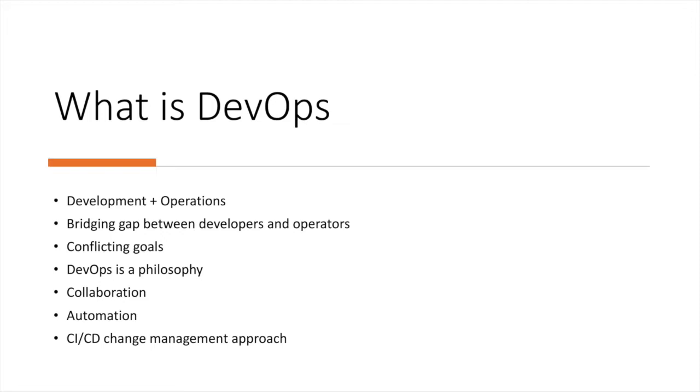If you remember, when I talked about sysadmin versus SRE in my first video on SRE, I discussed how the goals of sysadmins and developers are conflicting, not between sysadmins and SRE.